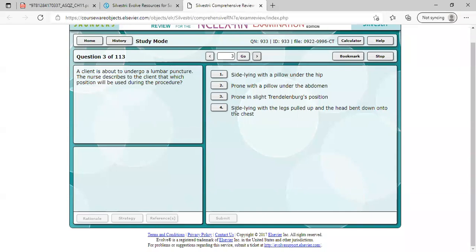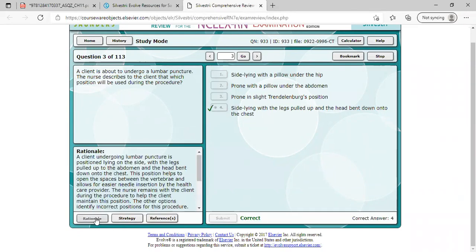The remaining is one side lying with the legs pulled up and head bent down onto the chest. This is the position for lumbar puncture. What is the rationale? A client undergoing lumbar puncture is positioned lying on the bed with the legs pulled up to the abdomen and head bent down into the chest.